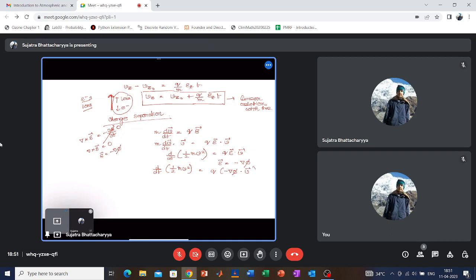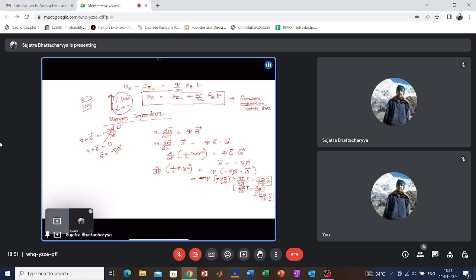So if we write it properly, I get minus delta phi delta x i cap plus delta phi delta y j cap plus delta phi delta z k cap, dotted with delta x delta t i cap, that is vx, delta y delta t j cap, and delta z delta t k cap.